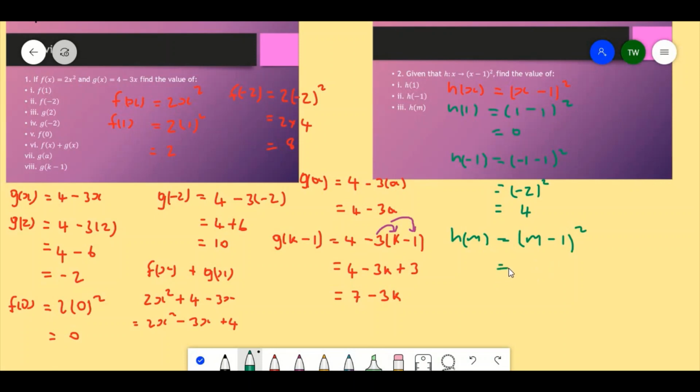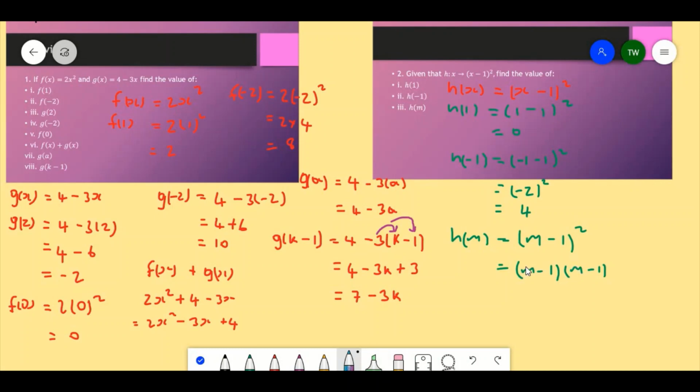So m minus 1 all squared means m minus 1 times open bracket m minus 1. And then we can use the distributive property to simplify this. So we're going to take each term in this first bracket to multiply each term in this second bracket.